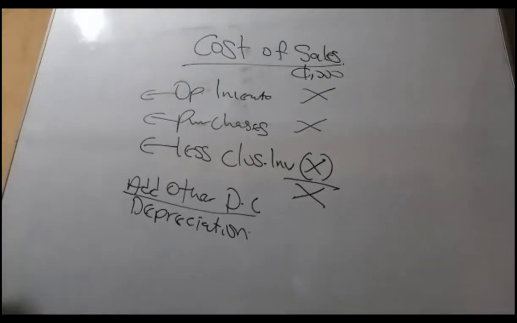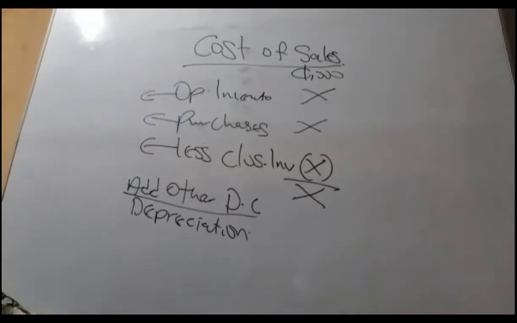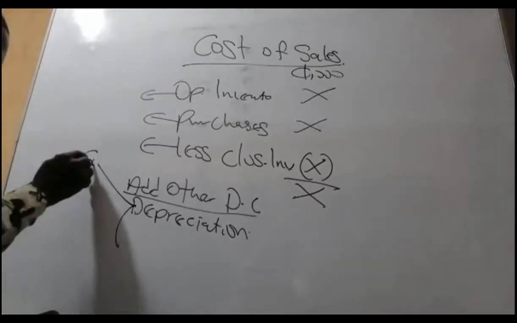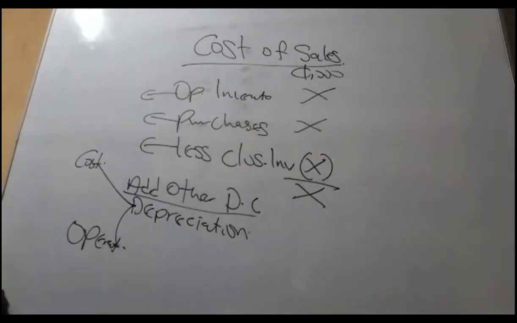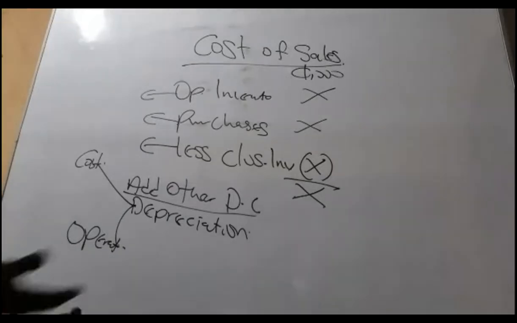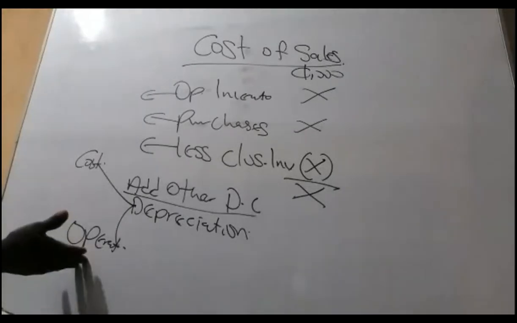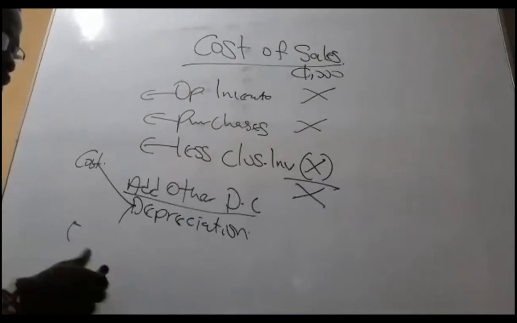In your case, they will inform you that depreciation must be treated as cost of sales, so come and add it to cost of sales. If they don't tell you anything, you have two options: either treat it as cost of sales or operating expenses. You can make a decision that all depreciation goes to cost of sales unless otherwise stated, or to operating expenses unless otherwise stated. So that's fine.